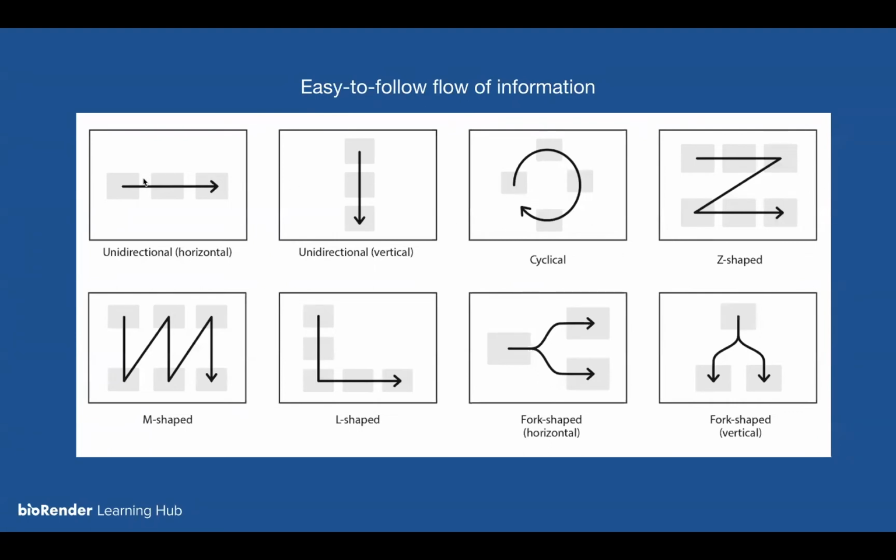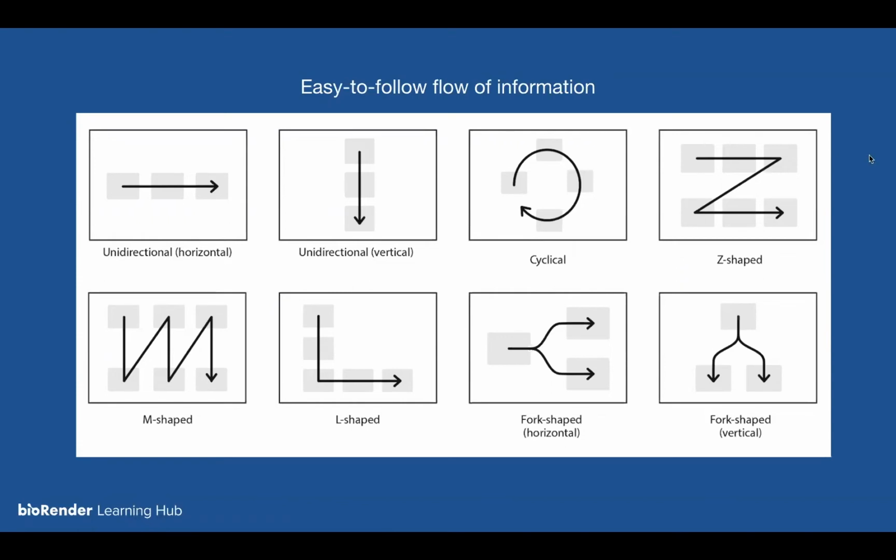Basically, in the English speaking world, for the most part, we do read from left to right, up to down. And cyclical is another common way to show composition. Z and M shape are also very common. M shape probably more for posters. Z shape for if you have, say, steps 1 to, I don't know, 10 or 20 sometimes.